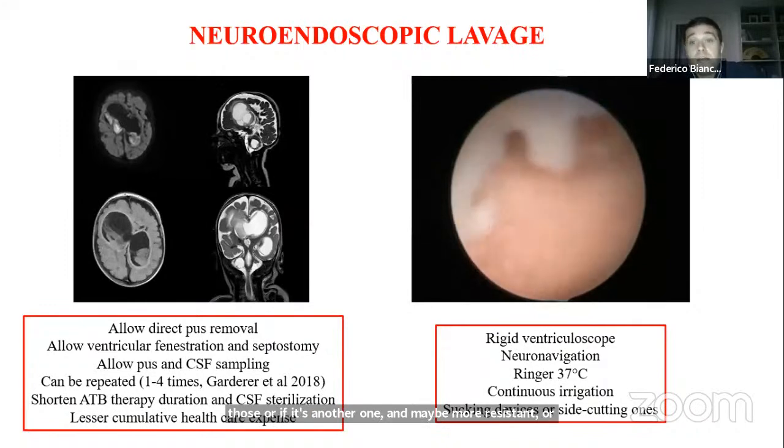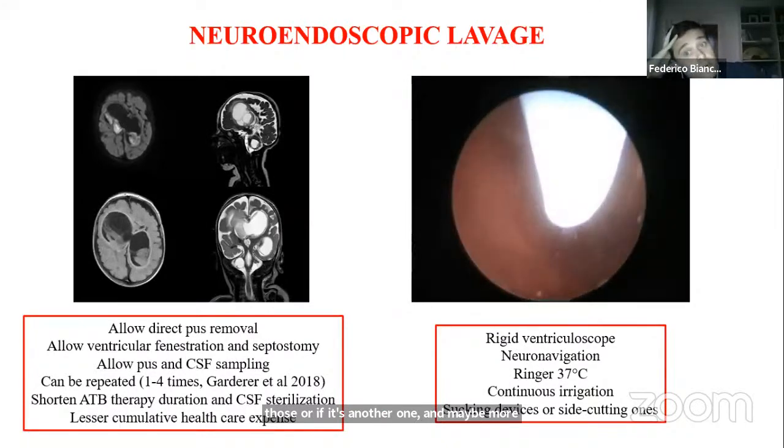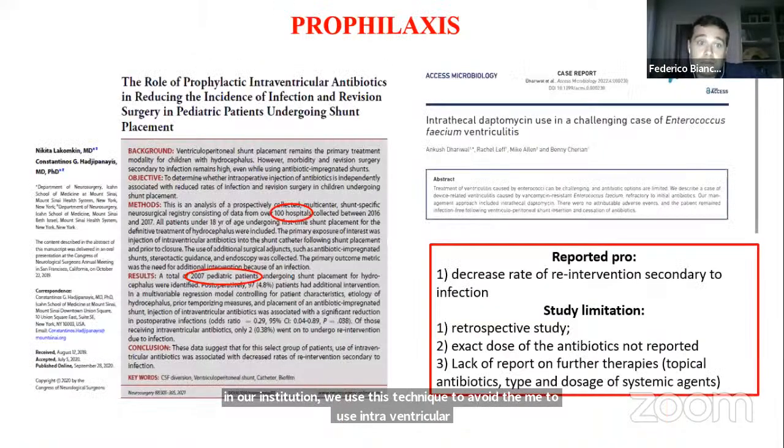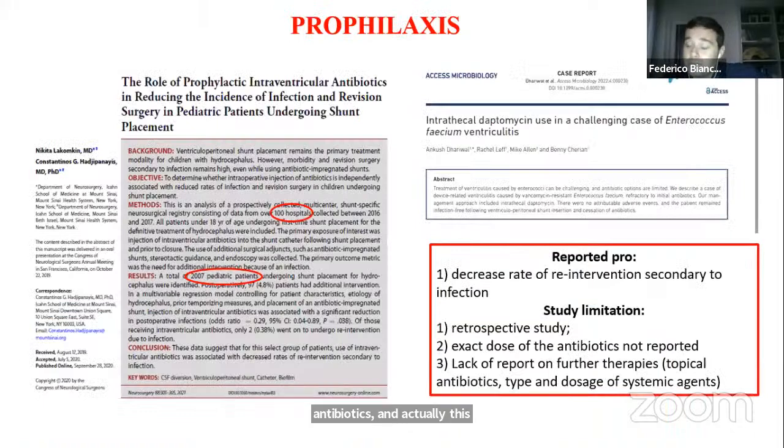And as I was saying, in our institution we use this technique to avoid the need to use intraventricular antibiotics. In addition to their use in the treatment of infection, some authors also suggest prophylactic intraventricular administration during shunt placement as a way to reduce the rate of reinfection or reintervention secondary to infection.